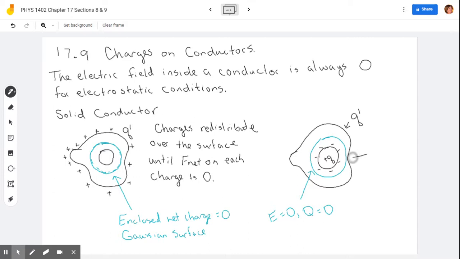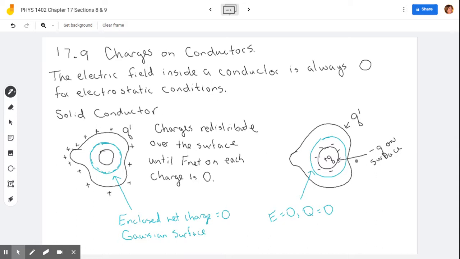Right? That's going to get a negative Q on the surface. Notice inside my blue line, inside my Gaussian surface, I still have a situation where the enclosed charge is zero, so the flux through that surface is zero.